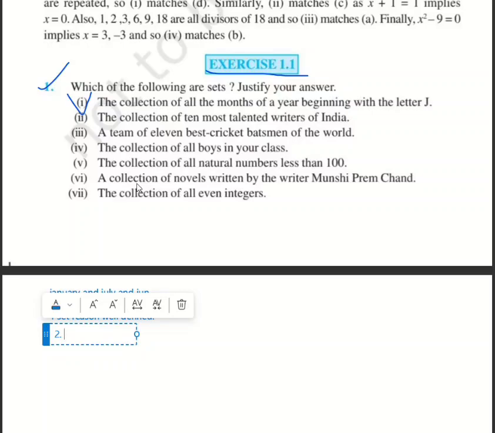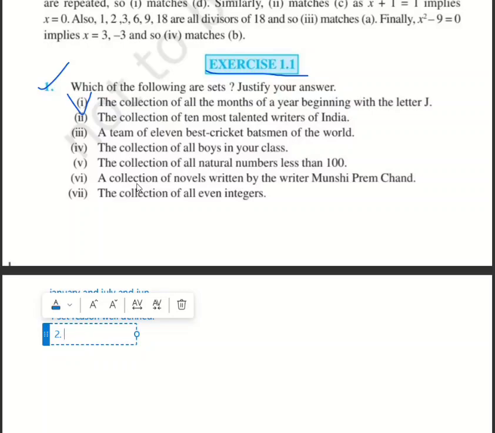Say there are two writers, X and Y, and suppose for me X is more talented than Y. So my arrangement of the writers is X first and then Y. For you, from your point of view, Y is more talented than X, so your sequence is Y and X. So this varies from person to person.